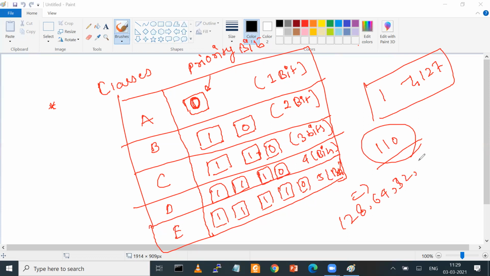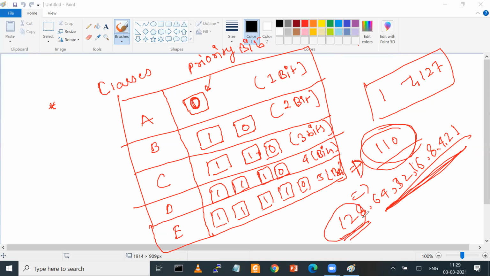I will use 64, 32, 16, 8, 4, 2, 1. Let's say I have to convert 110 into binary, so it will always be formed from these numbers.